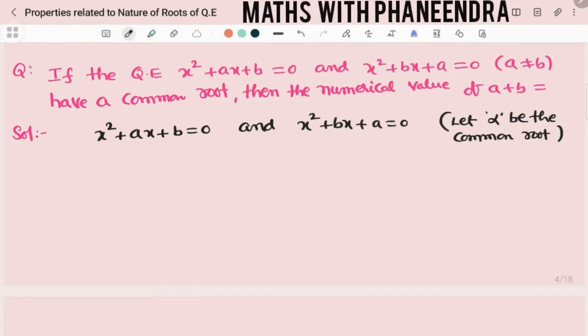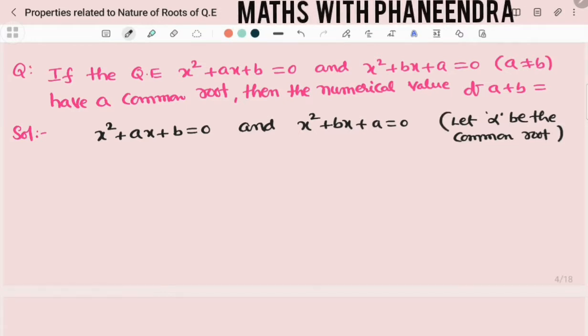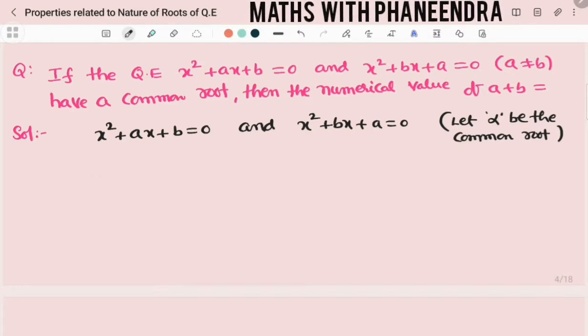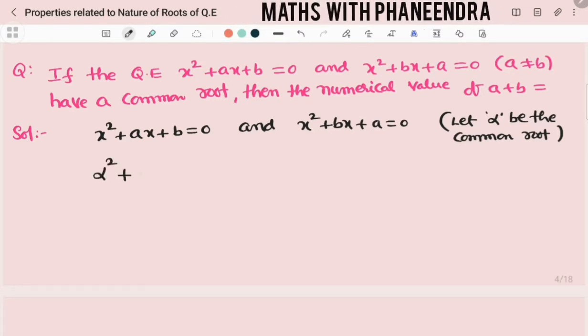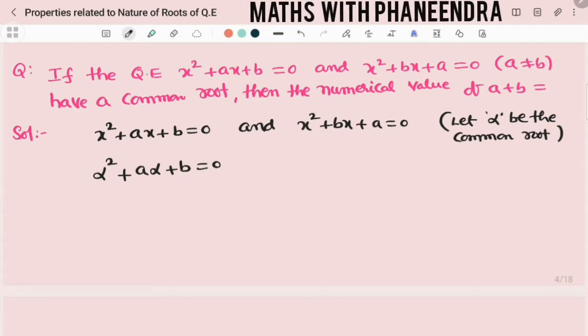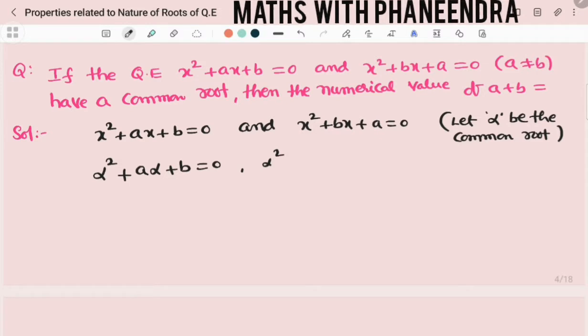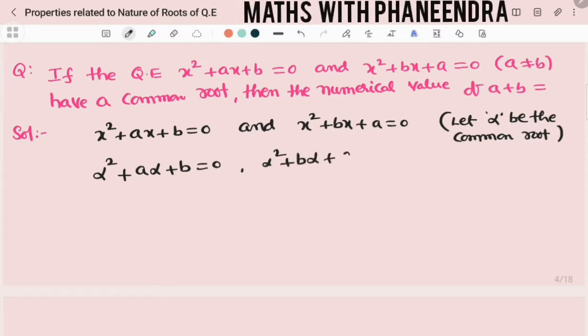Whenever we assume a common root, it satisfies both quadratic equations. Then we have alpha square plus a alpha plus b equal to 0, and for the second equation, alpha square plus b alpha plus a equal to 0.